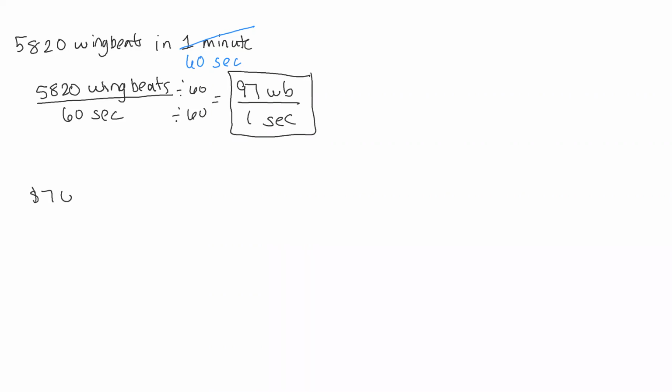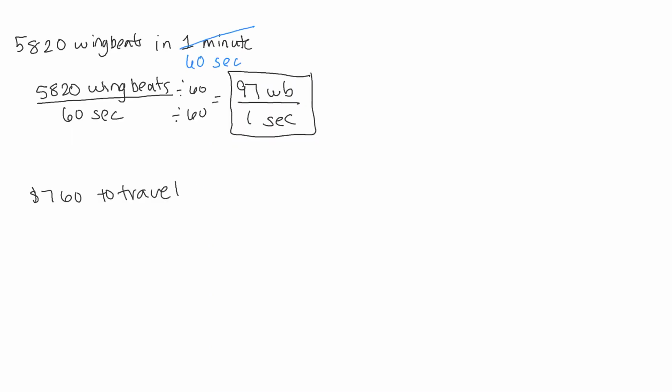Let's say your car requires $760 to travel 1,520 miles. So we want to know the cost to travel per mile. So we would start with 760 over 1,520 miles, divide numerator and denominator by the value in the denominator.